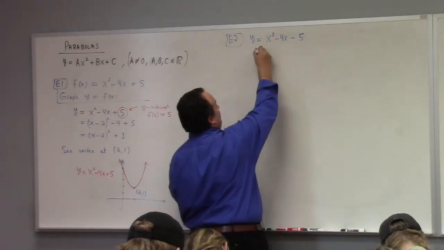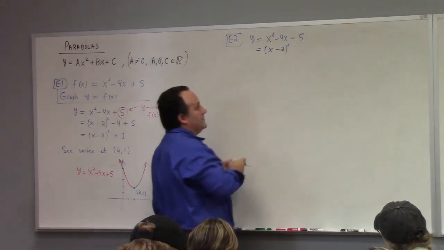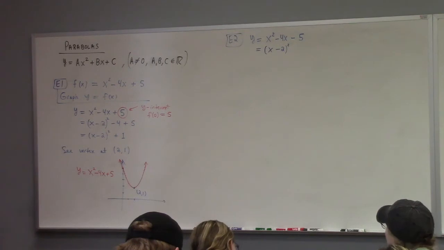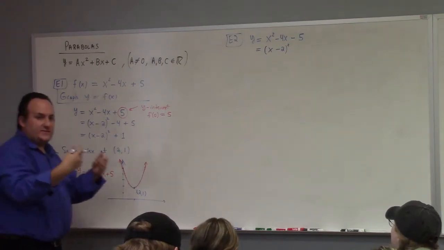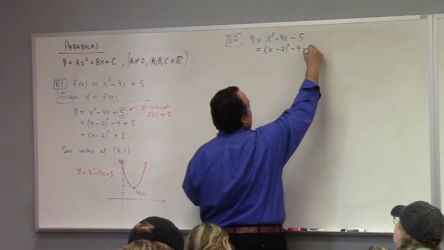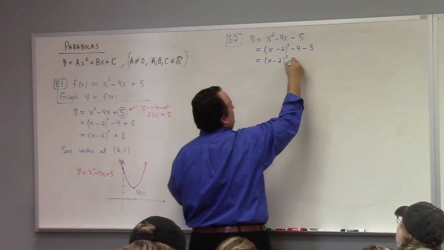We could all use practice on that, couldn't we? So this is x minus 2 quantity squared, what? I have to subtract the square of 2, so I have to subtract 4. And I still got the 5. So what do we got? x minus 2 quantity squared, in this case, minus 9.